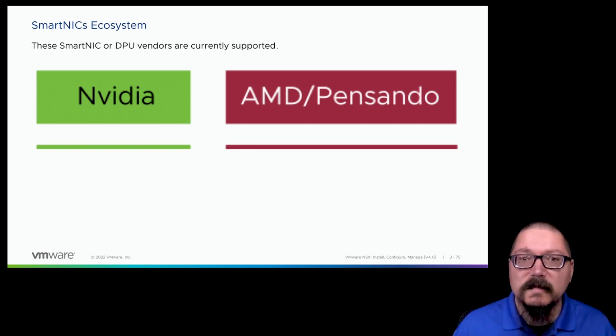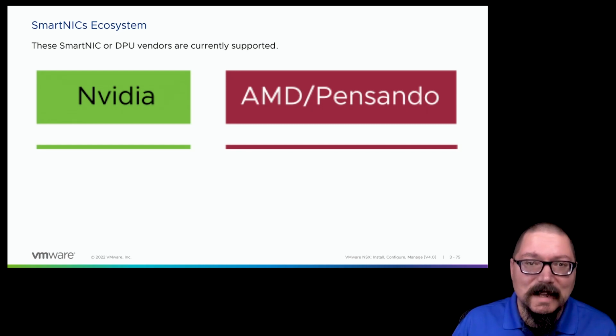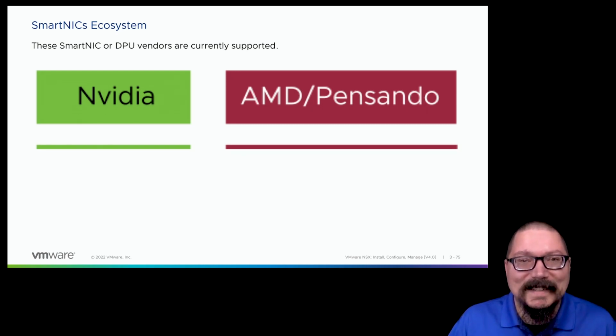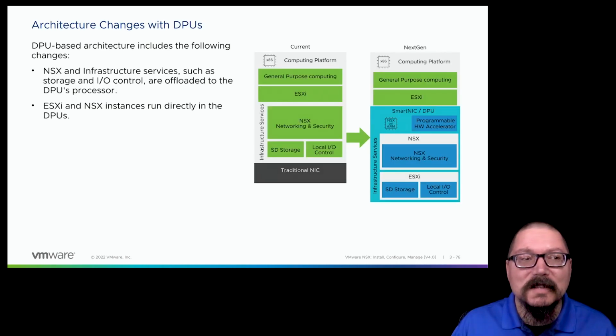We support NVIDIA SmartNICs and AMD or Pensando SmartNICs, and that's reliant ultimately on what vSphere is also going to support. So that's our support ecosystem right now. Now, those happen to be two of the major SmartNIC vendors out today, so it's kind of convenient. We would want to support the big ones. So these are the two we support today.